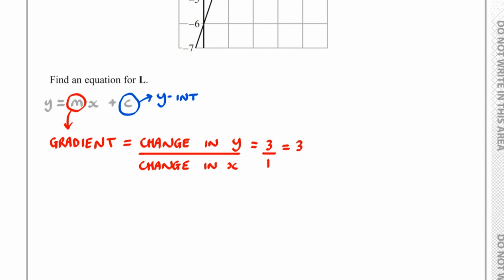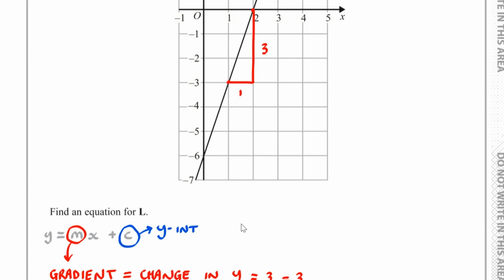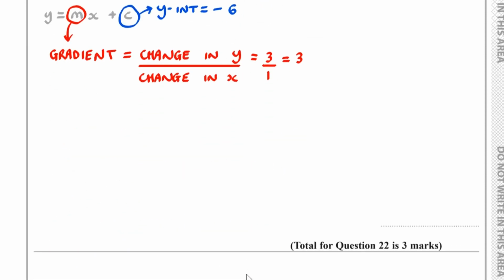So the gradient is 3. And the y-intercept is where it crosses the y-axis when x is 0. That's minus 6. So when we come to find the equation of the straight line, we have y equals 3x minus the 6.